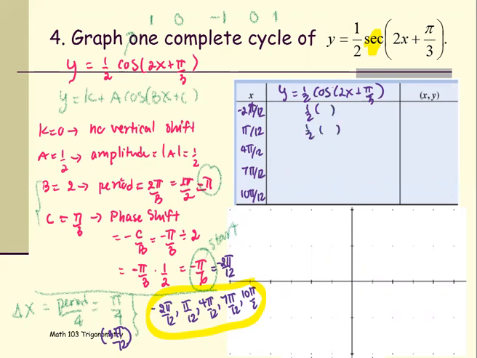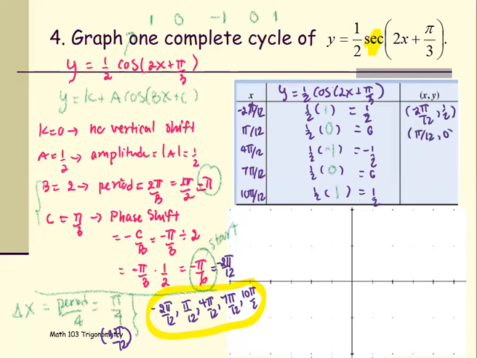So 1/2 multiplied by the values from the 5 key points, which are 1, 0, negative 1, 0, and 1, simplifies to 1/2, 0, negative 1/2, 0, and positive 1/2. The ordered pairs are negative 2 pi over 12, comma 1/2; pi over 12, comma 0; 4 pi over 12, comma negative 1/2; 7 pi over 12, comma 0; and 10 pi over 12, comma 1/2.